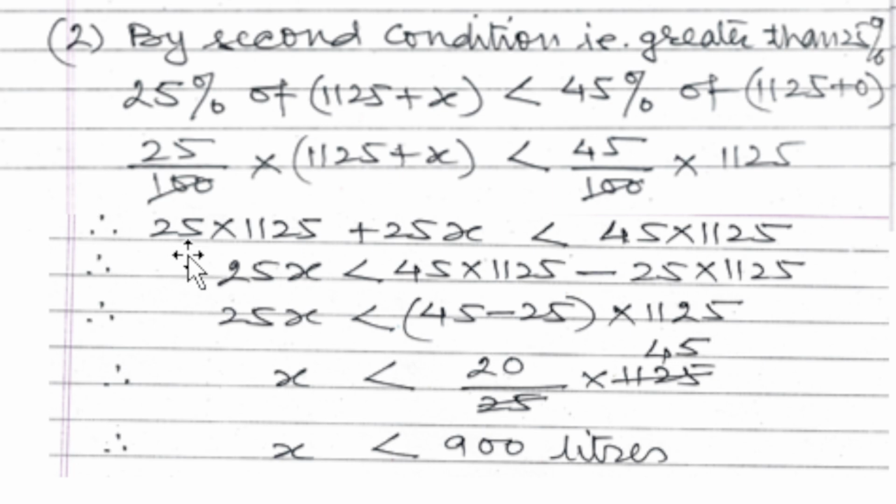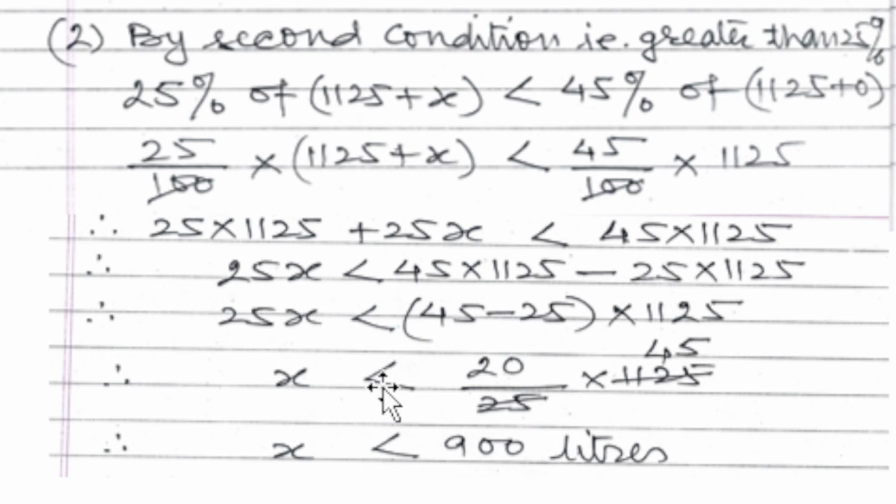Now shifting this 25 into 1125 to the right hand side, we get 25x less than 45 into 1125 minus 25 into 1125. So taking 1125 common in these two figures, we get 25x is less than 45 minus 25 into 1125.